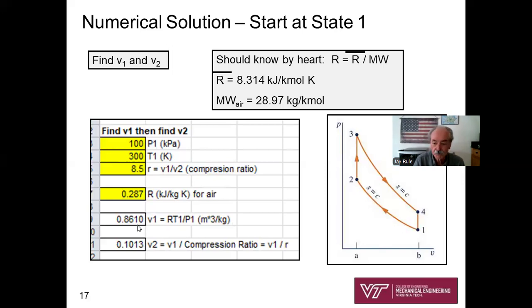So we'll solve for V1, 0.8610 cubic meters per kilogram. V2 is 0.1013, that's just V1 divided by 8.5.